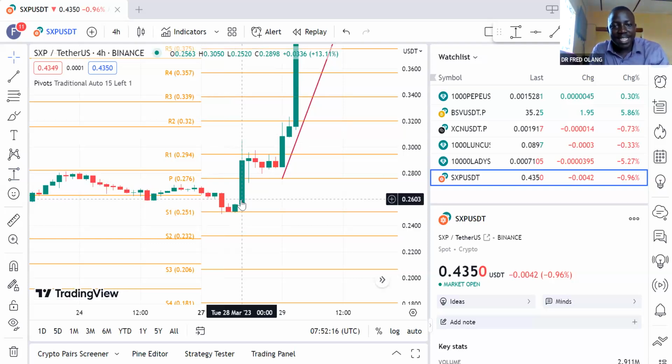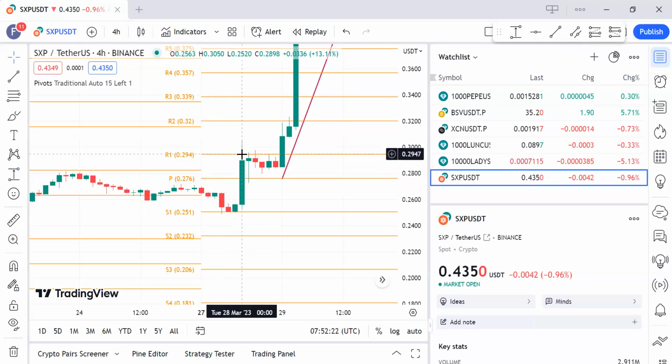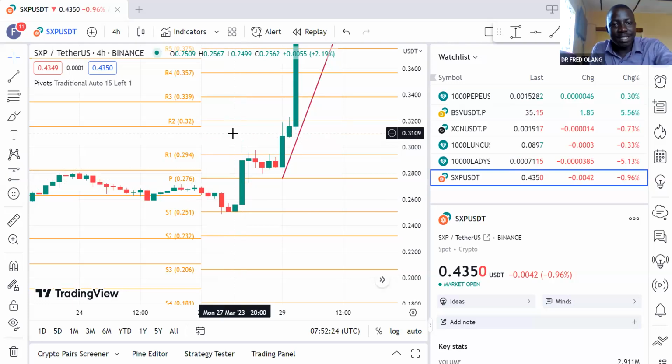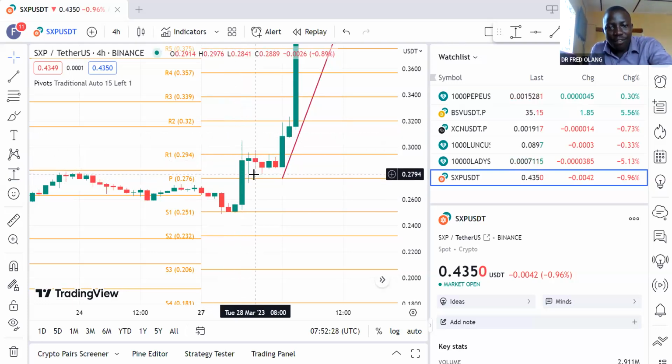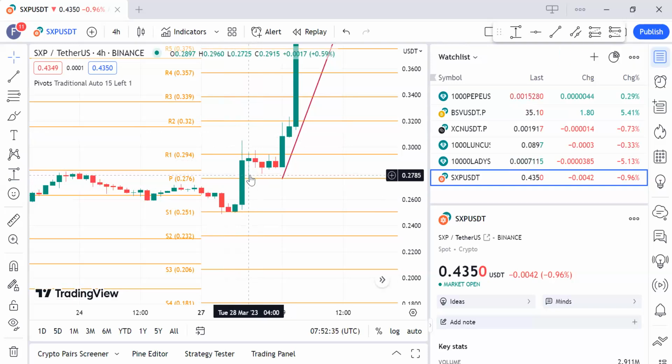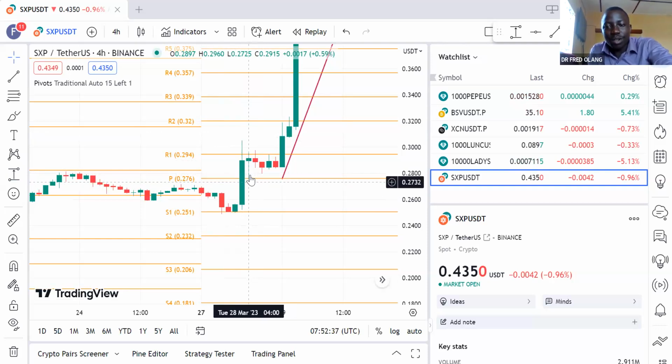But if you had targeted just below this pivot, you would have sold and made your 6%. But the market was so strong that it met the resistance, which pushed it down. But when it came back to the pivot, it was rejected back. This candle shows that even here, these guys are strong. They don't want the market to come back.